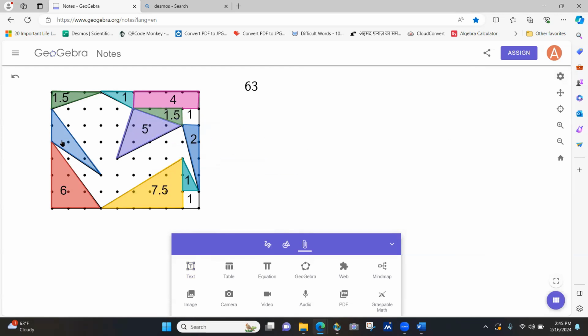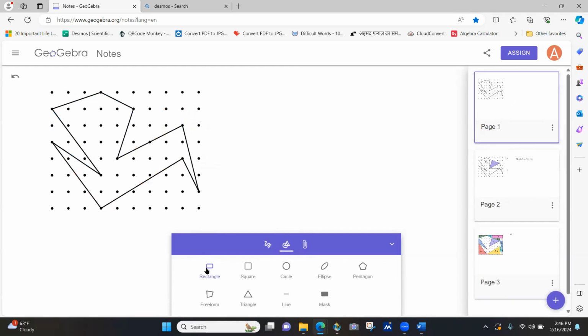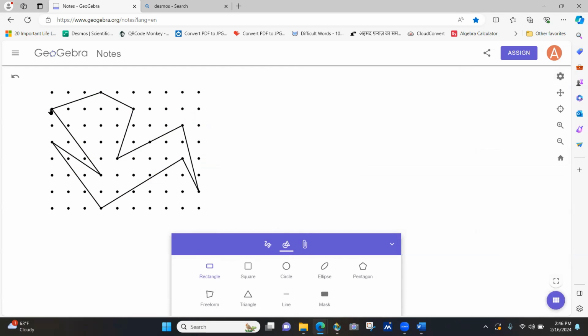I'm going to use a clean picture to find the area of this blue obtuse triangle. So I am interested in this rectangle. For this one, this triangle.